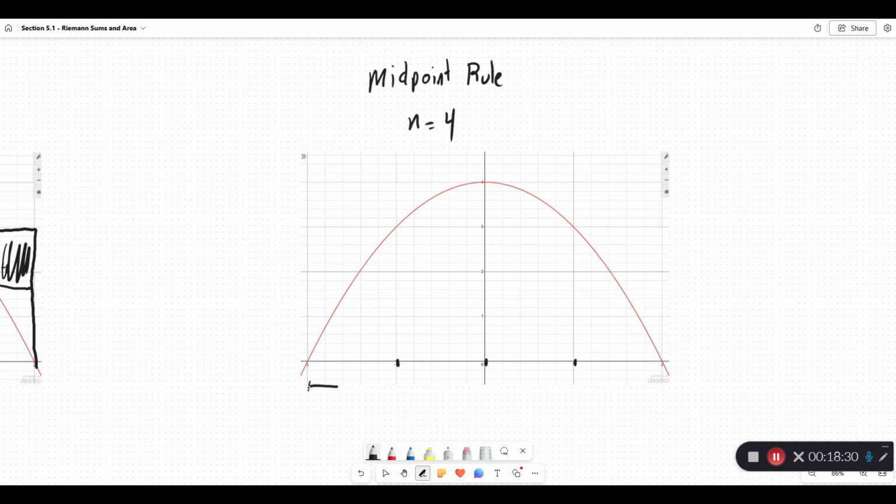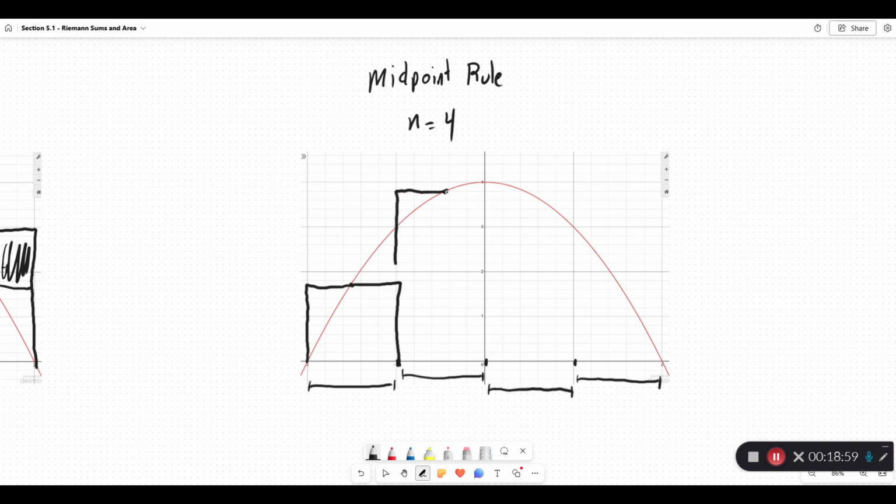So here's a rectangle, here's a rectangle, here will be a rectangle, and here will be a rectangle. And ultimately, instead of choosing the left or the right-hand side, we're going to choose the midpoint directly in the middle. So every single rectangle is both an overestimate and an underestimate.